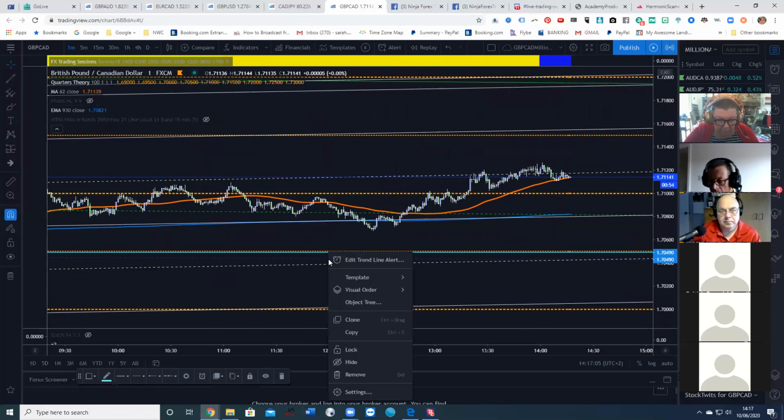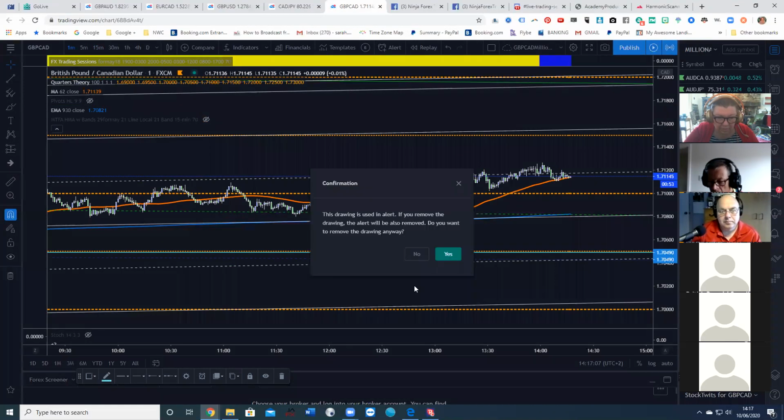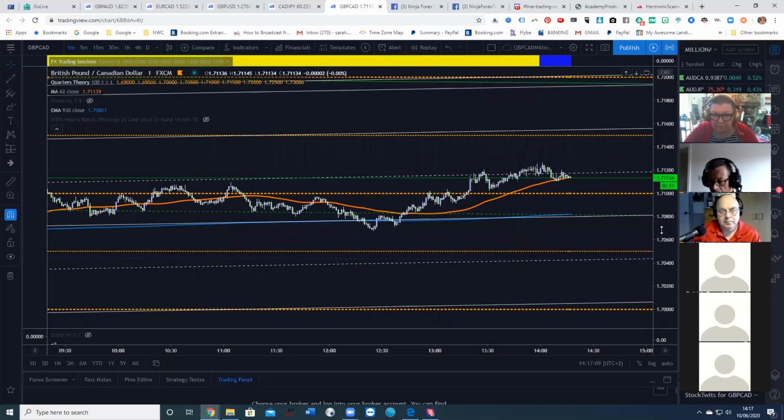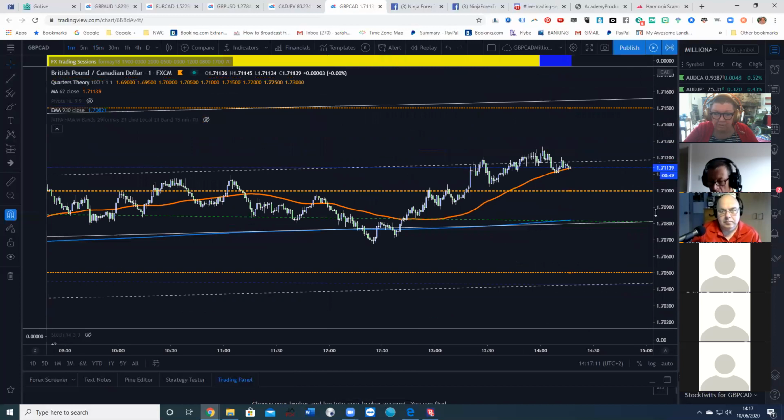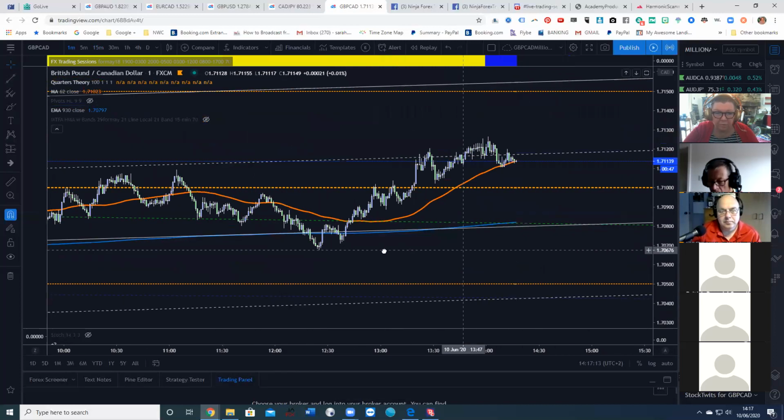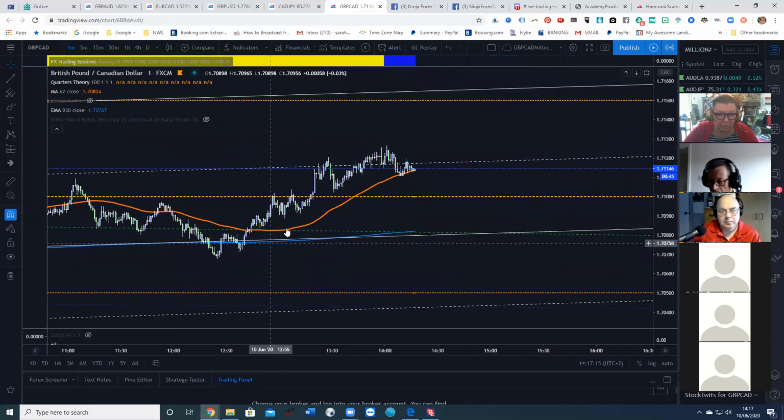It didn't go down there, which is where I had it marked. So what have we got here? We've got the orange 62 EMA, the 1 minute trend saying buy. It's obviously come up above quarter theory. The gap's a bit too large, I think, for the stop loss to cover us.